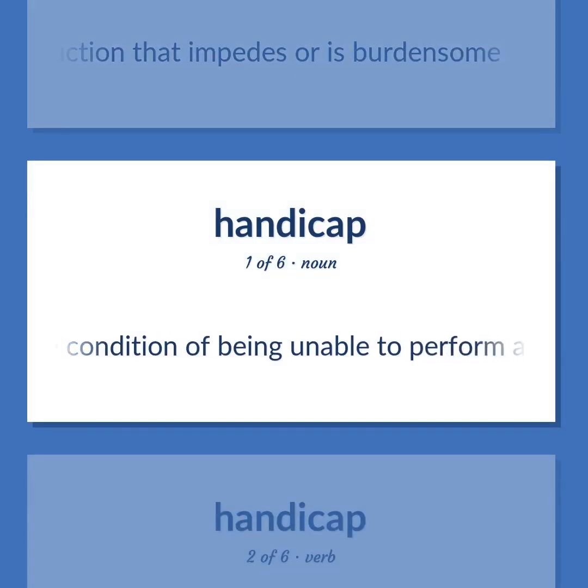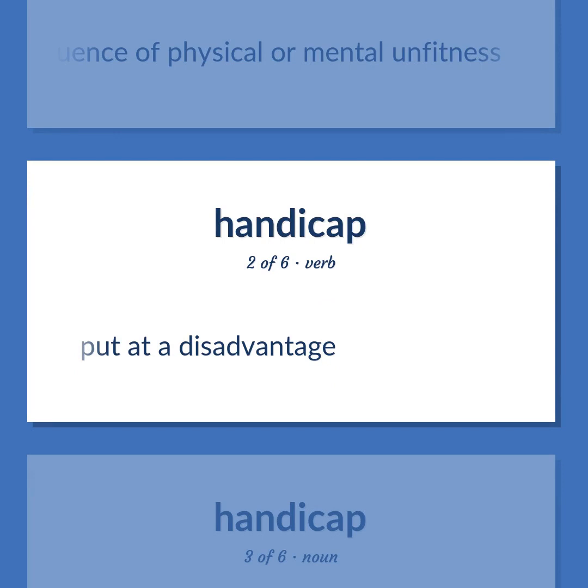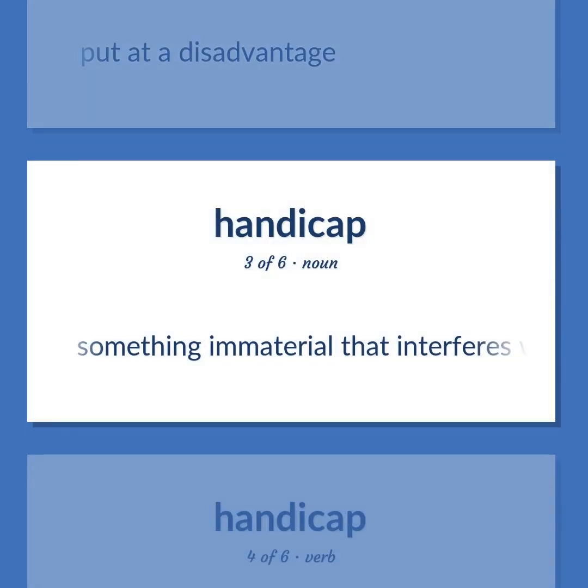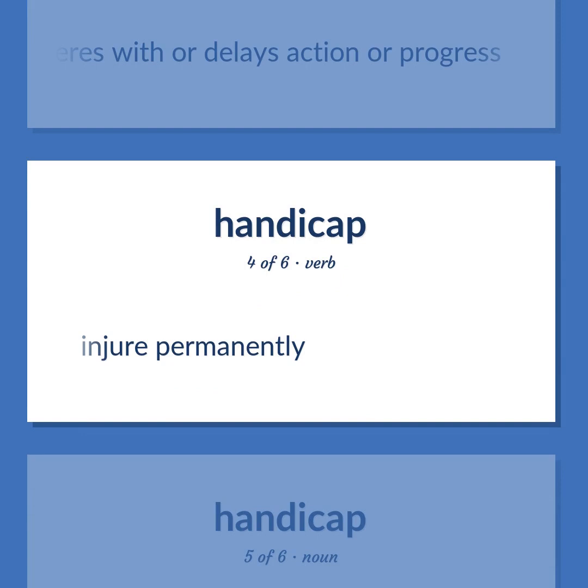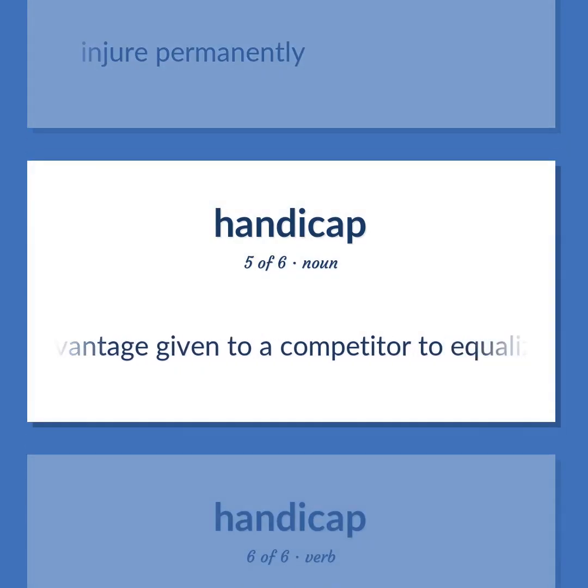The condition of being unable to perform as a consequence of physical or mental unfitness. Put at a disadvantage. Injure permanently. Advantage given to a competitor to equalize chances of winning.